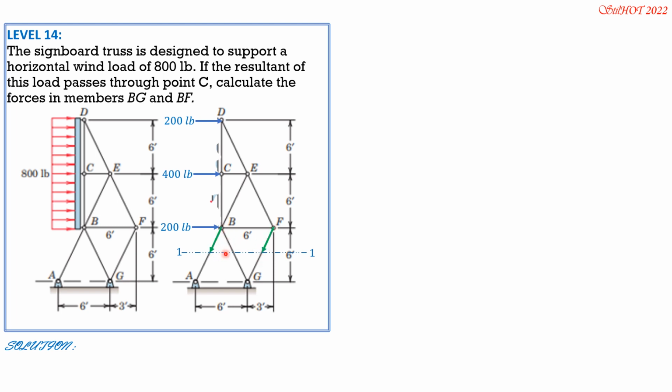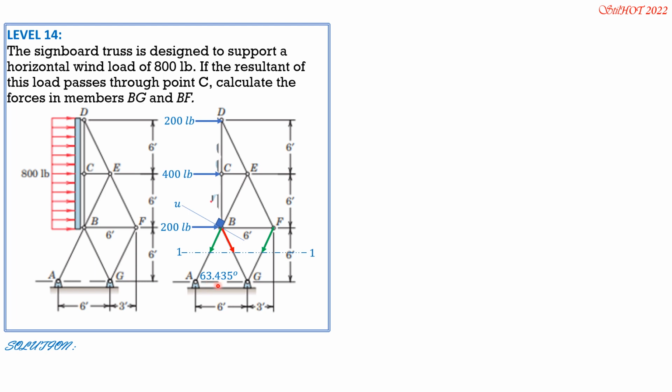So this is FAB, FFG, and FBG. The measure of the angle here is arctan of 6 feet over 3 feet, arctan of 2. Then this axis is U, perpendicular to AB and FG. Although BE is not involved because it is not touched by this section.